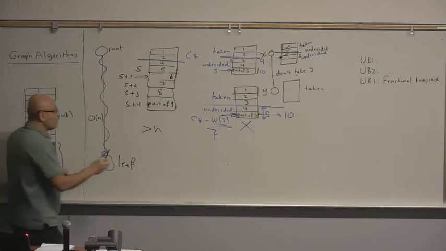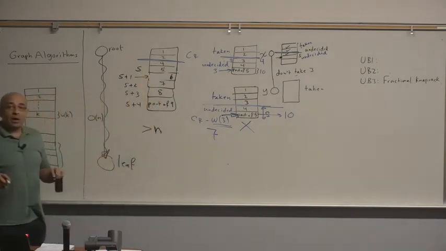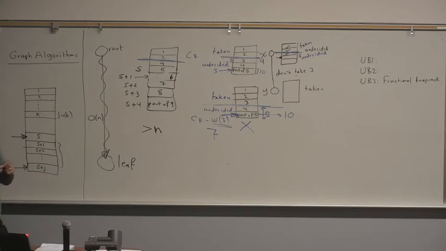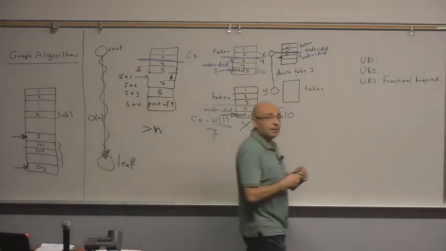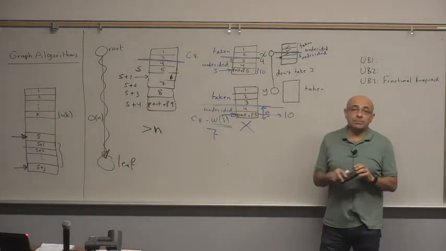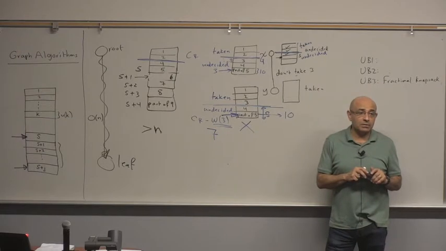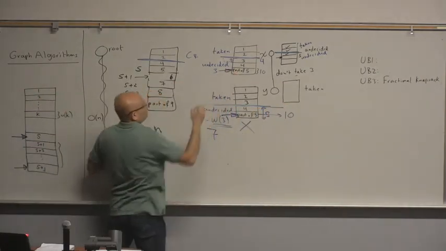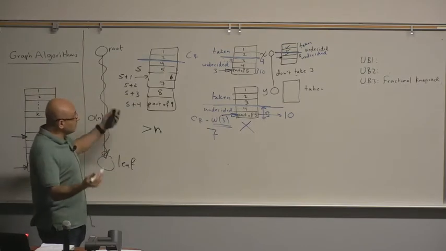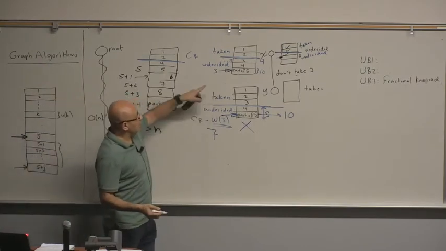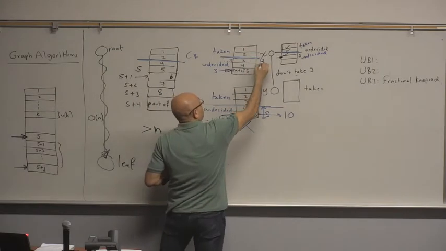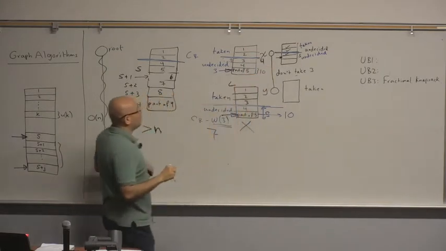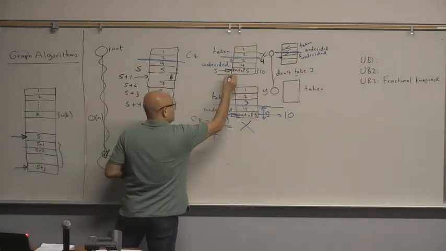And otherwise, why would an item be processed more than once? Or why would an item be processed at more than one node? Will that be possible? No? Well, here is an example, right? We took part of 5 at one node. Then at the next node, if the weight of the untaken item, the 4, is less than the remaining weight of part of item 5, we will stay in the same slack.